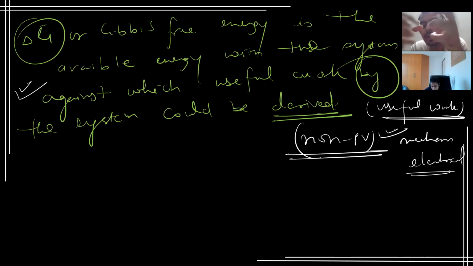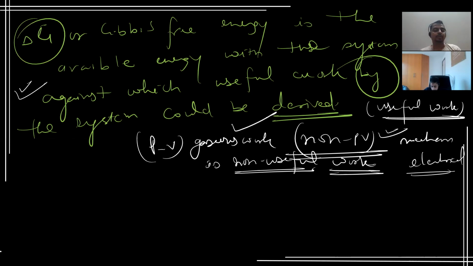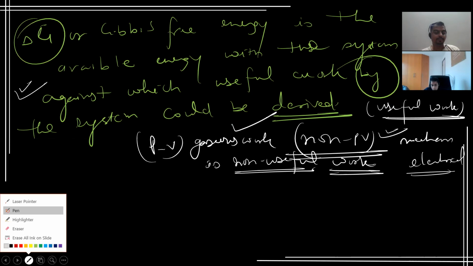But when gases are expanding or compressing, the system is not doing anything, only the gases are doing the work. So PV work is non-useful work. Any doubt? I hope you got this concept clear.